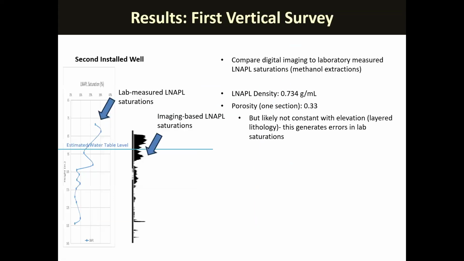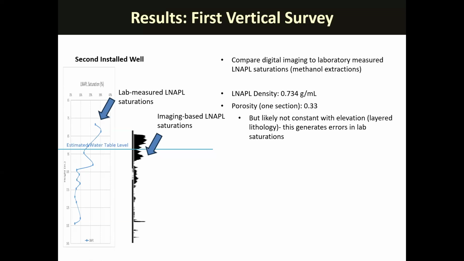These are some results that we got from the field. From the field, we got cores, and we extracted the cores and measured the volume of the extract, and this is the shape of the volume of the extract. And this is the shape of what we were seeing in our image-based saturations shortly after the well installation.